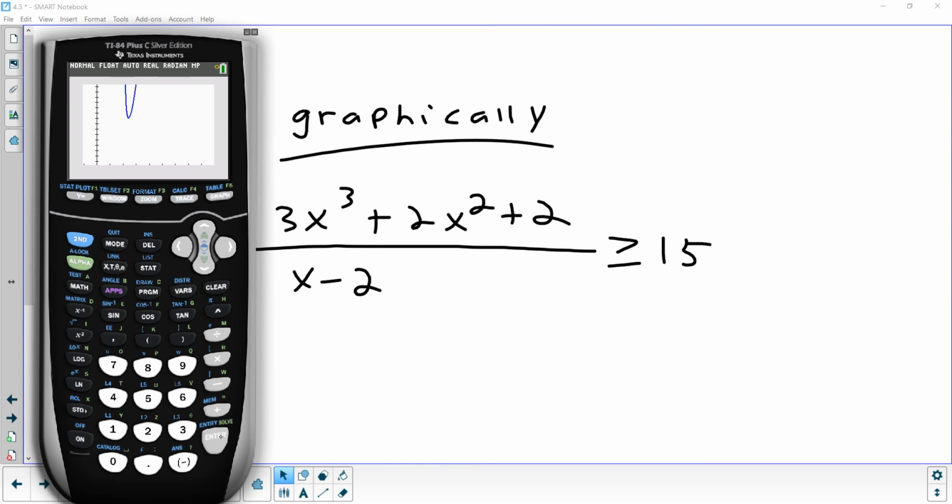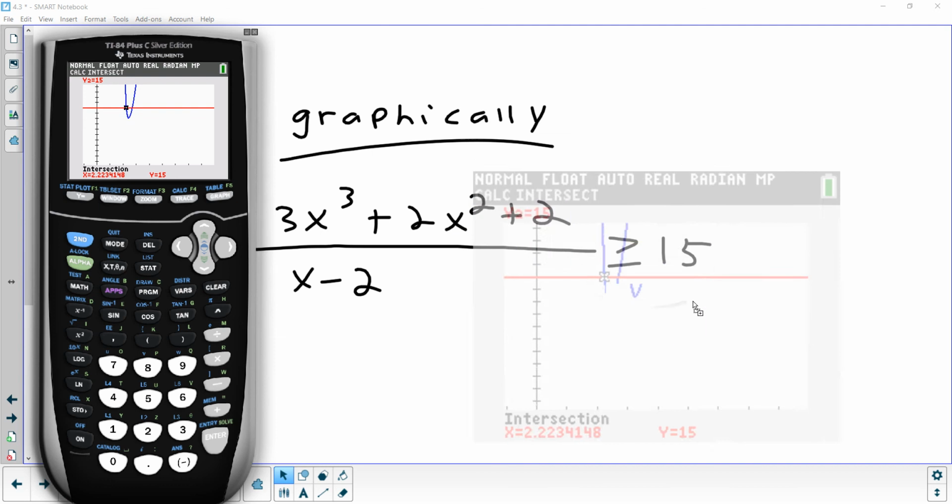So how am I going to calculate where I am above 15? What do I have to do? Find the intercept. Okay, I have to find the intersect. So second calc, intersect. Let's do the one on the left. I have no idea where I am. I'm trying to find my point. Okay, so now we got to be careful.